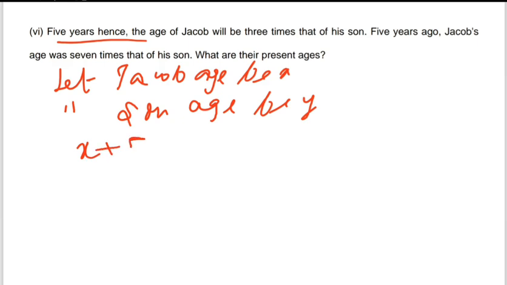Hence means you should add 5. This is Jacob's age. Jacob's age is 3 times that of his son. 5 years hence means both Jacob and his son will be added plus 5. So 3 into y plus 5. So this will be our first equation.